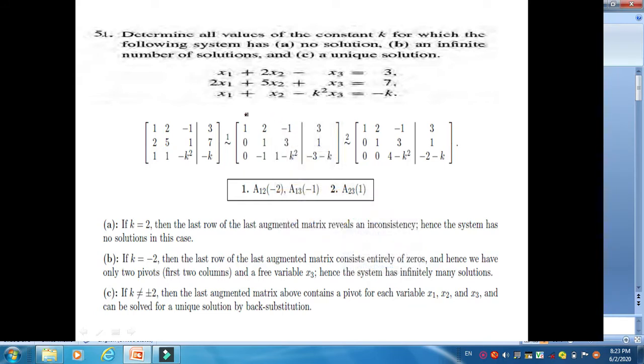so in order to find zeros here, we have to apply the addition operation. What does the addition operation mean? First we multiply row number 1 by minus 2, so here we have minus 2. Again, row number 1 by minus 2 means minus 4, plus 2, and minus 6.